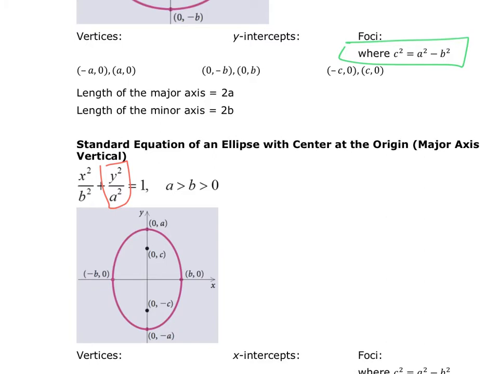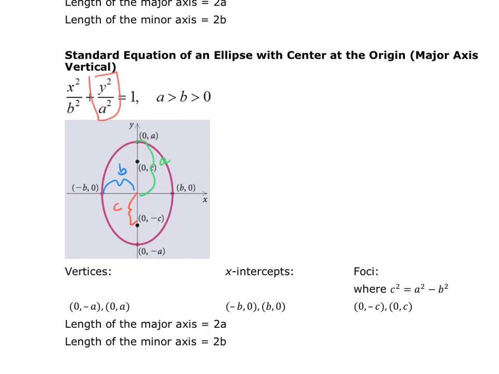So this is still A, just now along the y-axis. This is still B, the distance from the center to the minor vertex. And this is still C, the distance from the center to the foci. Those don't change. It's just the direction in which they are. They're still distances.